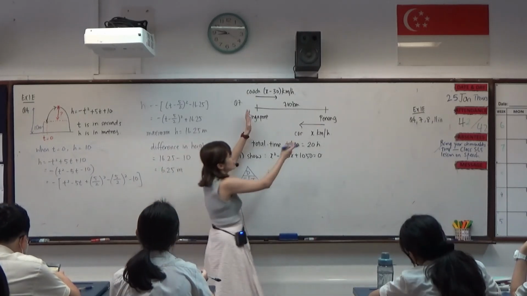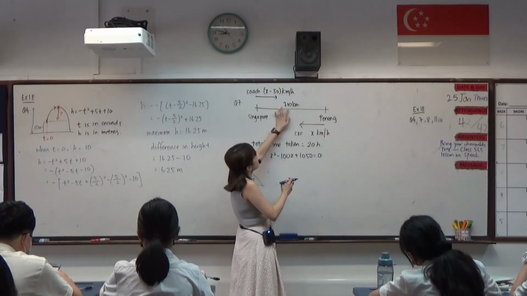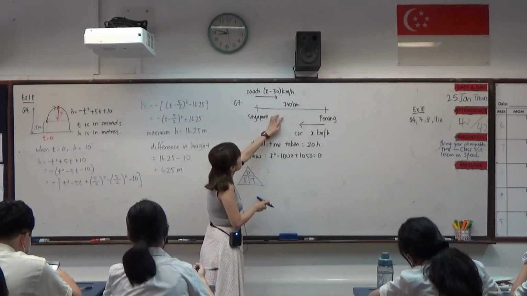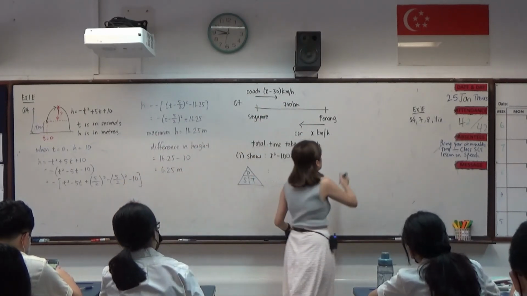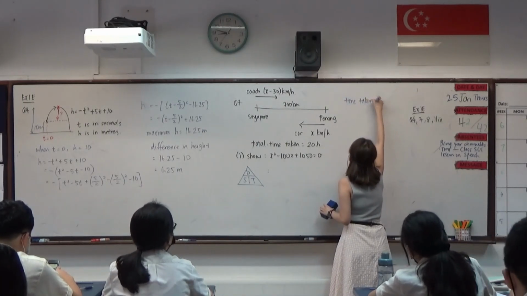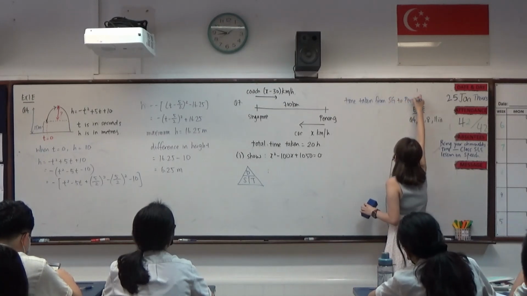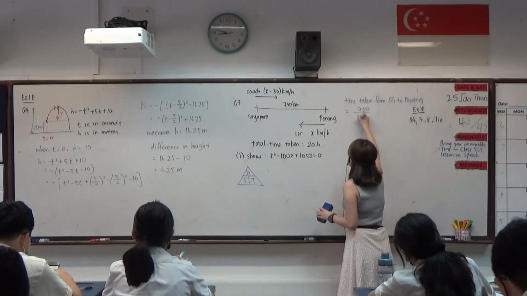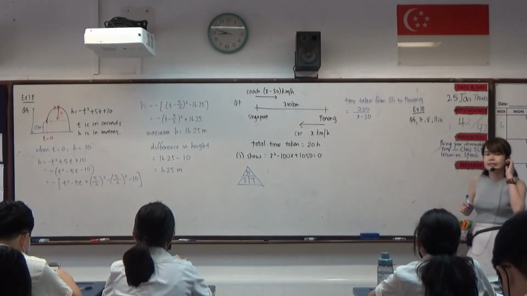So we know the distance for the journey from Singapore to Penang is 700 kilometers. So the time taken from Singapore to Penang will be 700 divided by X minus 30. Time taken is distance divided by speed. So we get 700 over X minus 30.